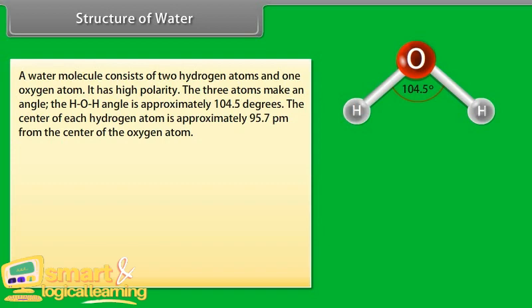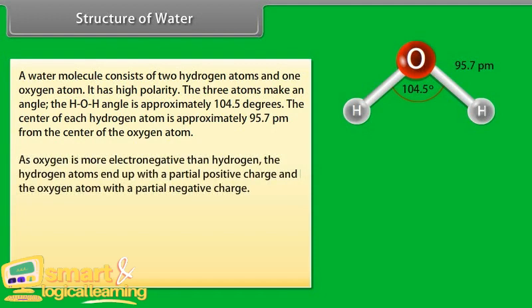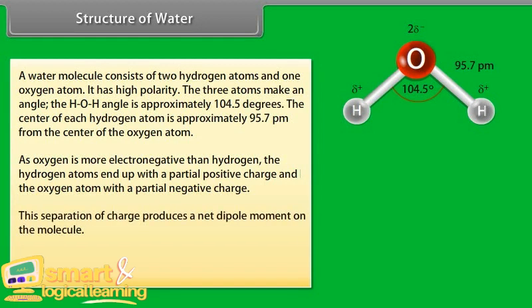The center of each hydrogen atom is approximately 95.7 picometer from the center of the oxygen atom. As oxygen is more electronegative than hydrogen, the hydrogen atoms end up with a partial positive charge and the oxygen atom with a partial negative charge. This separation of charge produces a net dipole moment on the molecule.